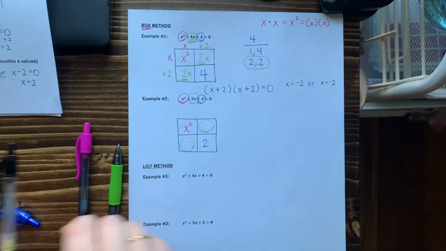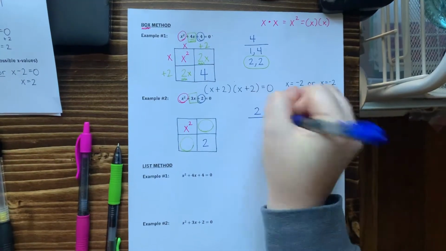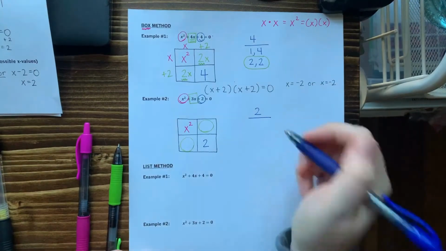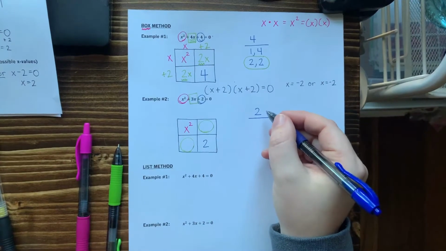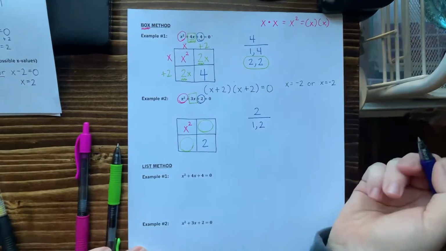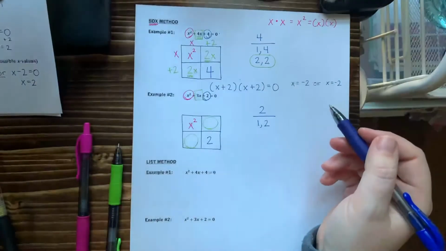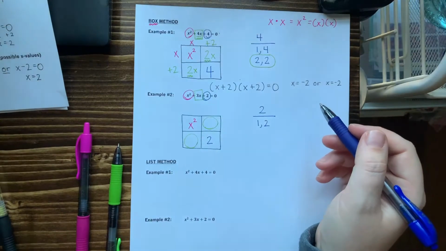So first I need to make a list of numbers that multiply together to get 2. What 2 numbers multiply together to get 2? That's going to be 1 and 2. Is there anything else that multiplies together to get 2 as far as positive numbers?